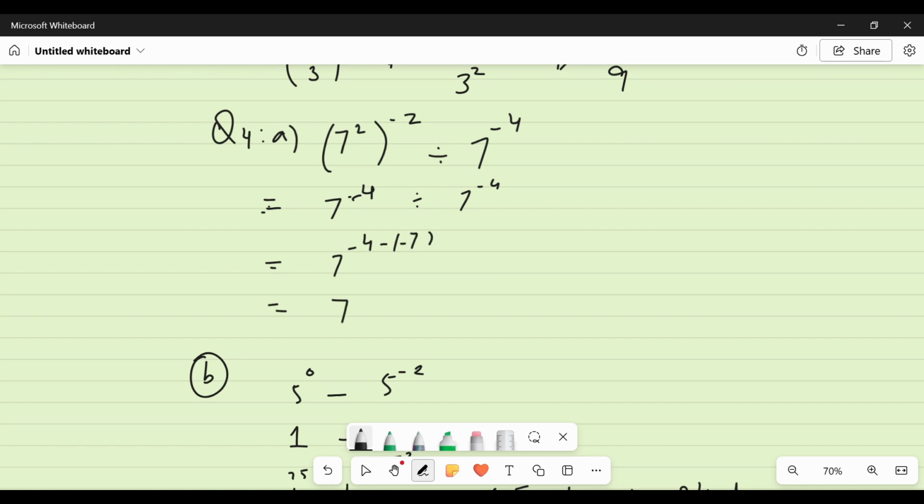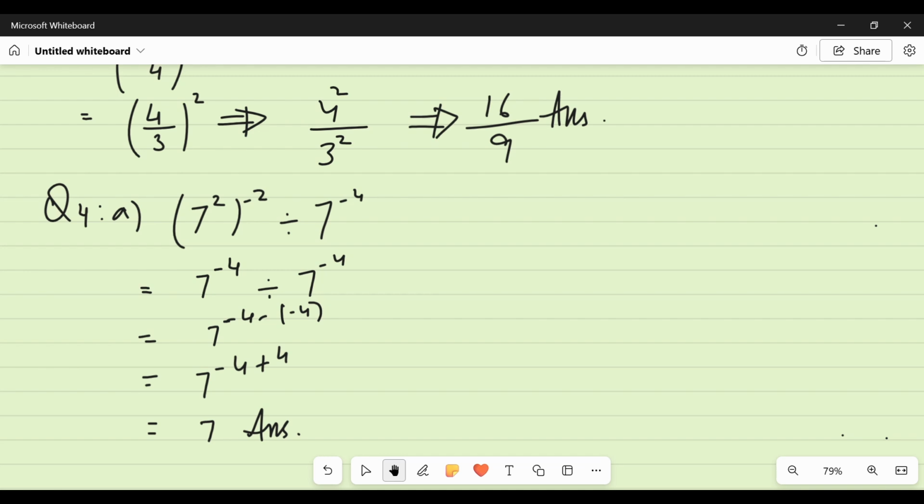So 7 to the power -4 minus -4 is 7 to the power -4 plus 4, so 7 to the power 0, and the whole part equals 1. This is the answer, right?